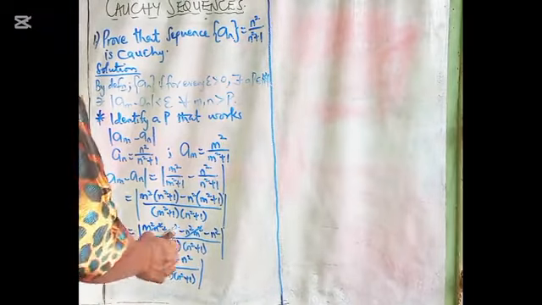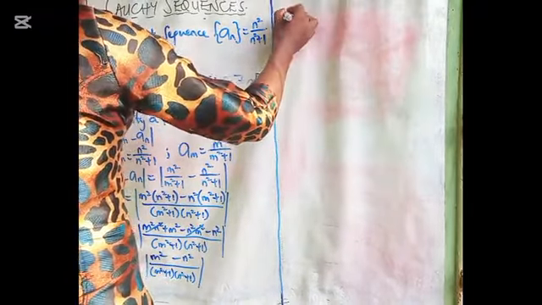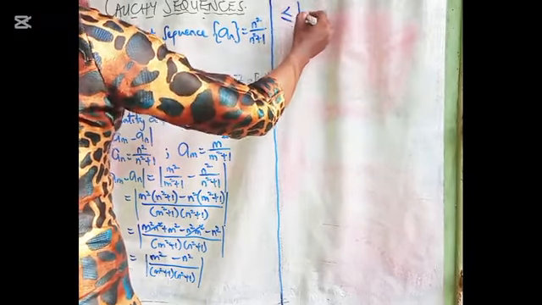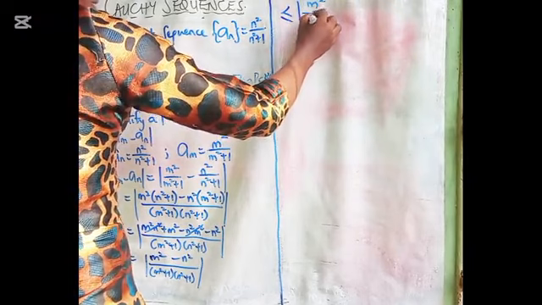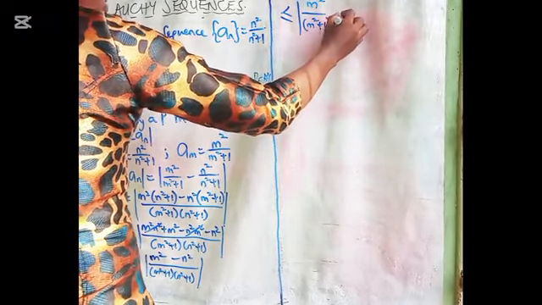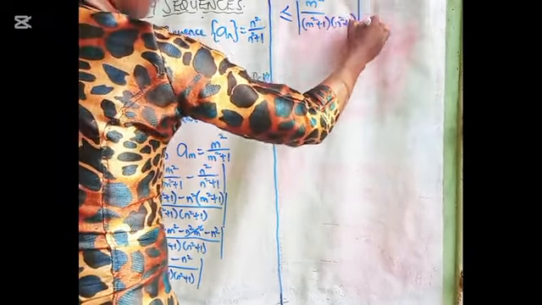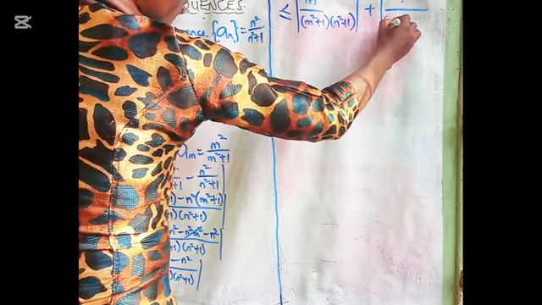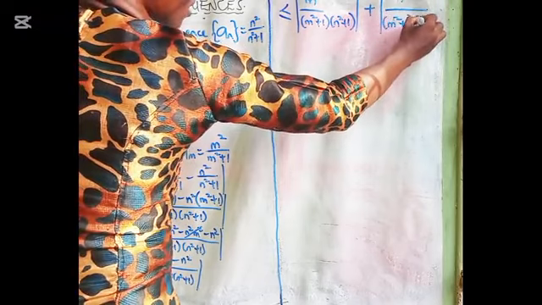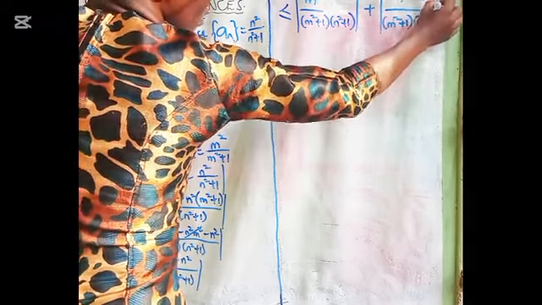And by the triangle inequality, that is less than or equal to m squared over m squared plus 1 into n squared plus 1 plus n squared over m squared plus 1 into n squared plus 1.